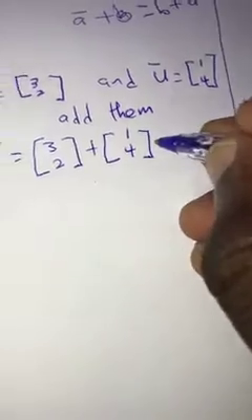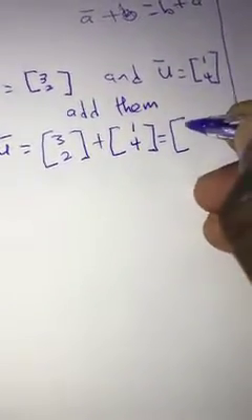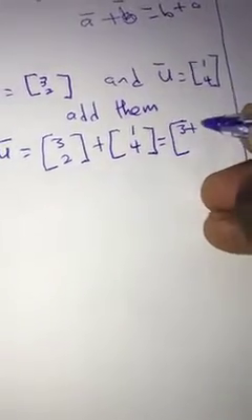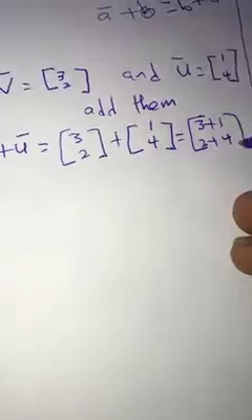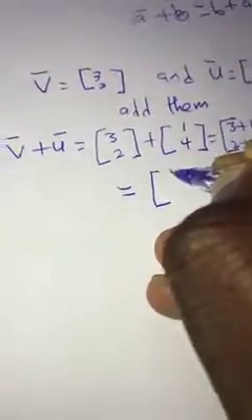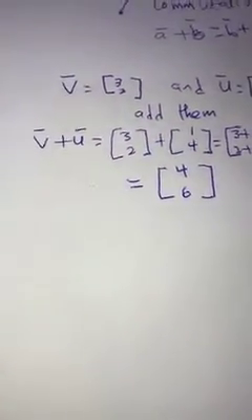So here I'm guessing you can get the visual representation of what we are going to do. So we have 3 plus 1, and then we have 2 plus what? 4. So definitely we are going to get 4, 6. Now notice something. Vector U and vector V are separate vectors.